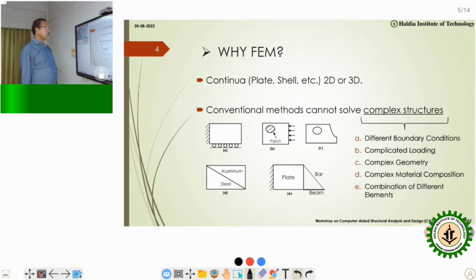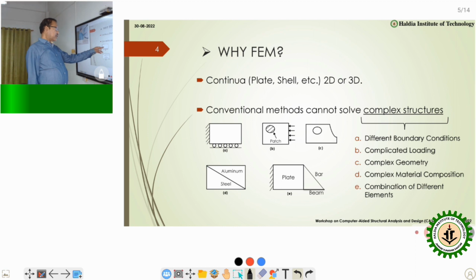Here, as we have written in the heading, why do we apply the finite element method? This is because we can deal with things like this. Suppose there happen to be complicated boundary conditions, meaning different boundary conditions on different edges.